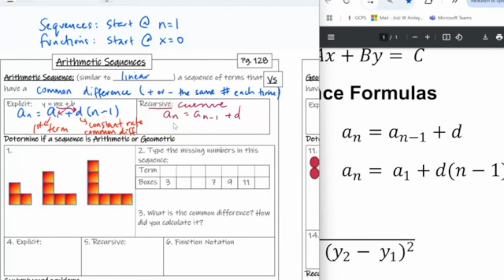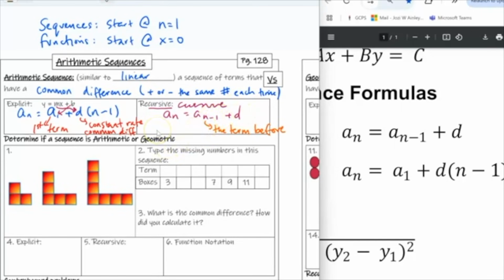And the big thing that you need to realize is a sub n minus 1 means the term before. That's all you need to know. So what you're doing is you're taking the term before and you're applying the constant rate of change to it. So if the term before is 5 and the constant rate of change is plus 2, then you're doing 5 plus 2, like that. We'll go into detail when we look into an example.